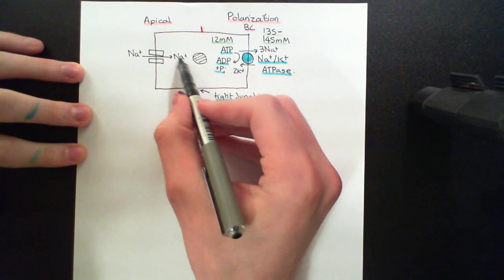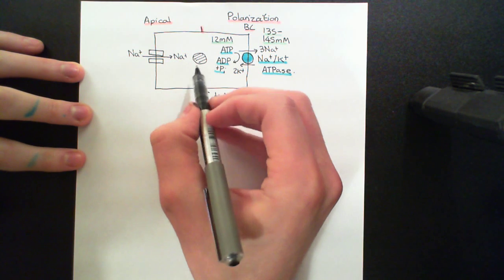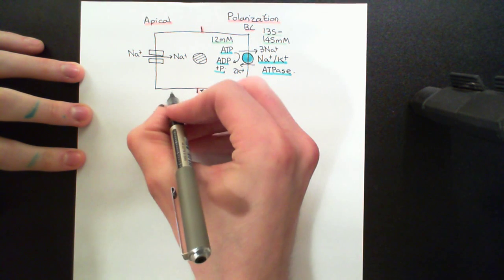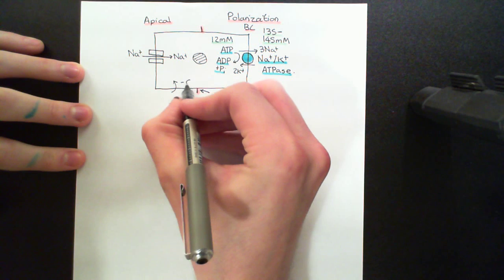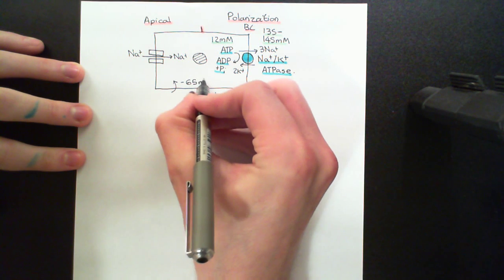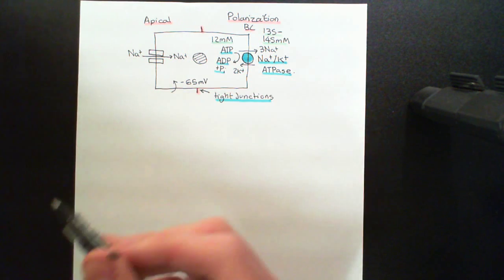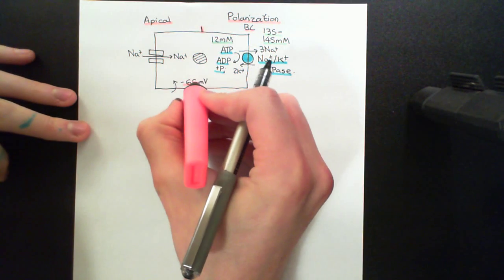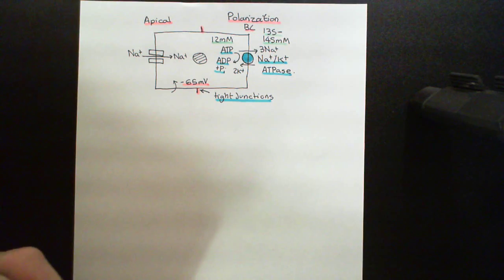Also it will be going down its electrical gradient as well, because remember, the electrical potential difference across the cell membrane is generally negative, generally around negative 65 millivolts.